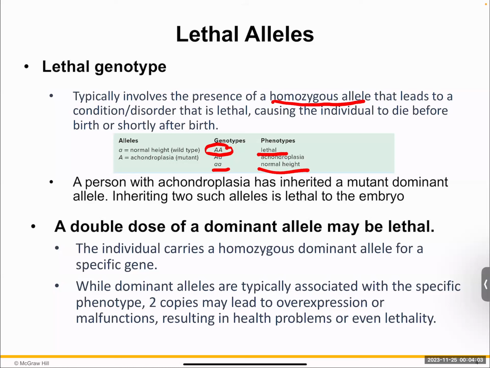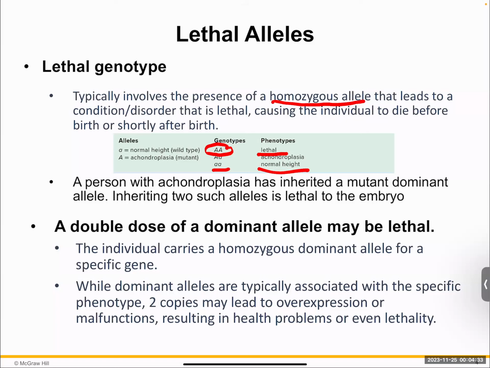The example we're using is a medical condition called achondroplasia, which has to do with the height of the individual. If an individual has two copies of the dominant version of the gene, this person will not survive and will die shortly after birth. If they are homozygous recessive for this characteristic, they're considered to be at a normal height.